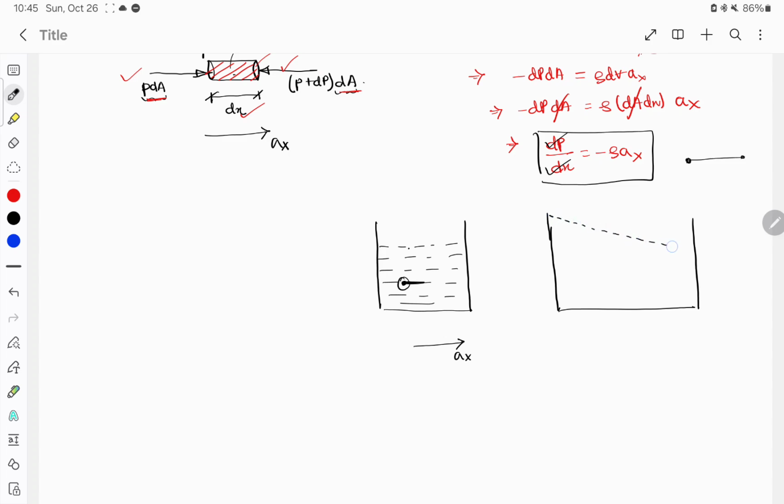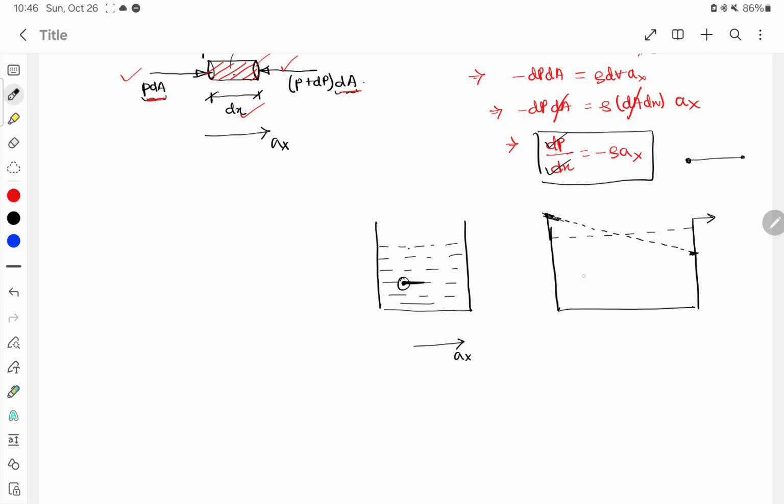The water will be somewhat like this, because the vessel will move forward, but the water will try to remain stationary. So water at the farthermost point will try to go up, and the water level at the nearest will try to go down.